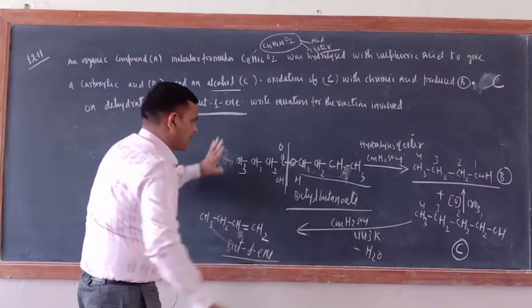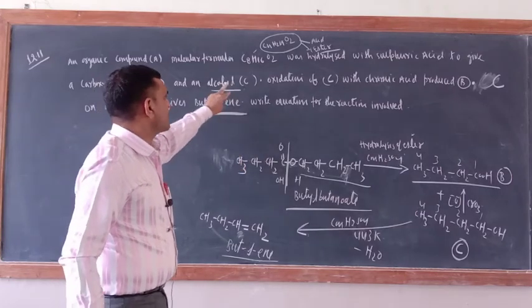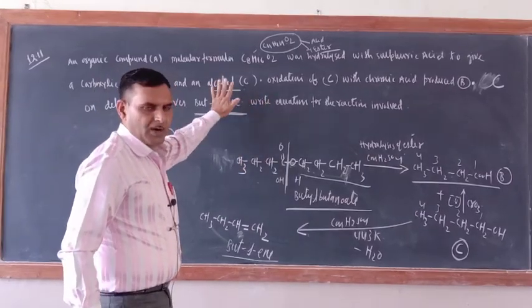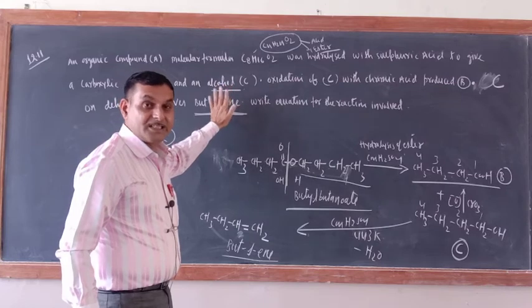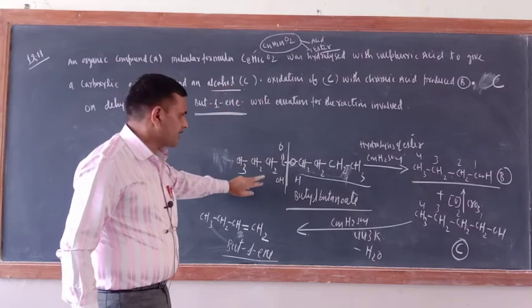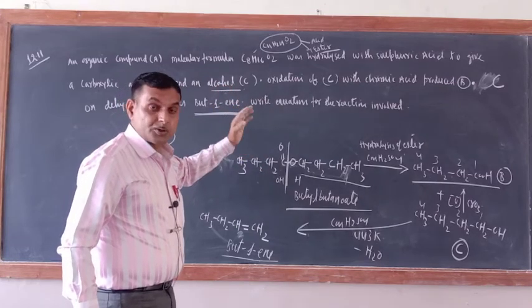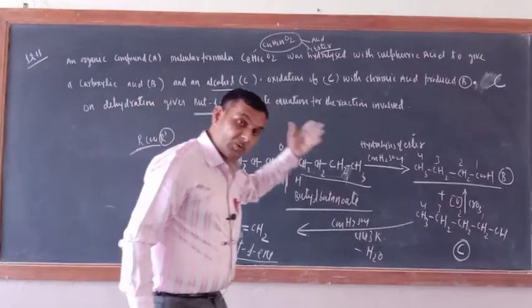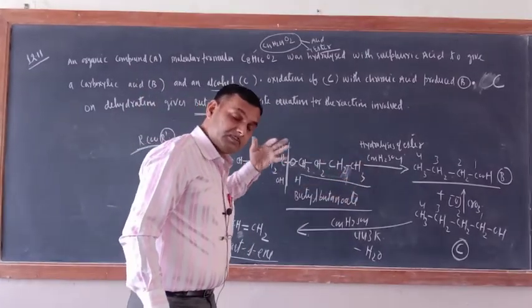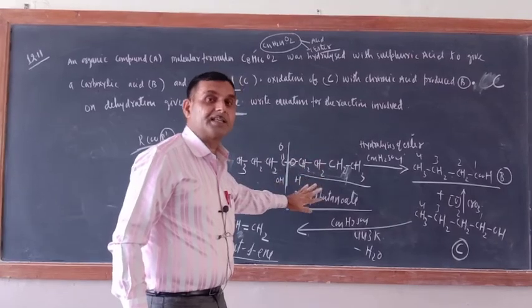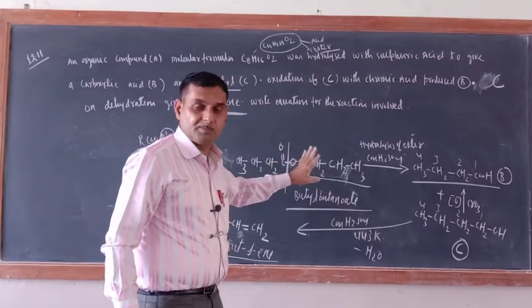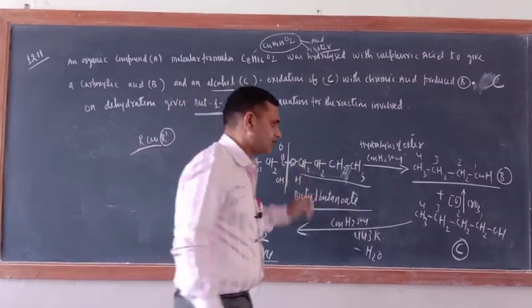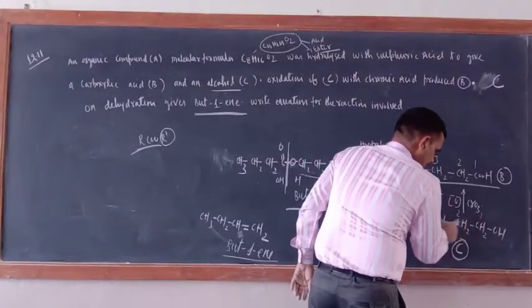Here the most important thing is these two lines. Number one, identification that it is an ester. Second, we should know that alcohol and acid both contain the same number of carbon atoms. Just see here, this contains 4 carbon atoms.